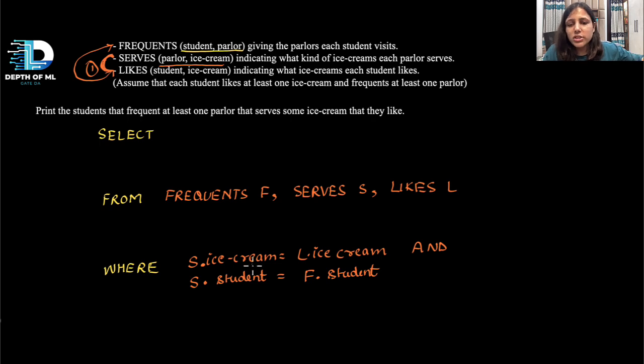So till here we are getting the parlor names which are serving the ice cream the students like. Here we have joined the names of the students with the parlors that they visit. Now we have to join the information that students should also be visiting that parlor which serves the ice cream which they like.